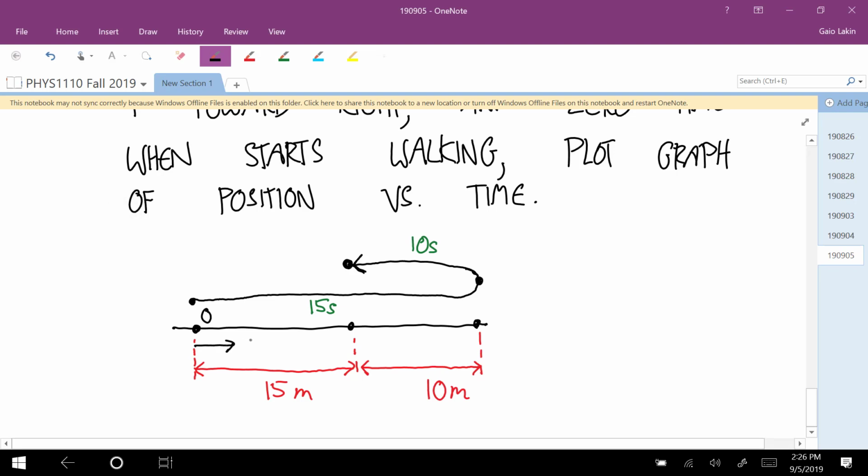So positive goes this way. And now that we have those two things, we can put numeric position values on all the important events that happen. So if you start at 0 and go 15 meters in the positive direction, what's the position at that location? 15.